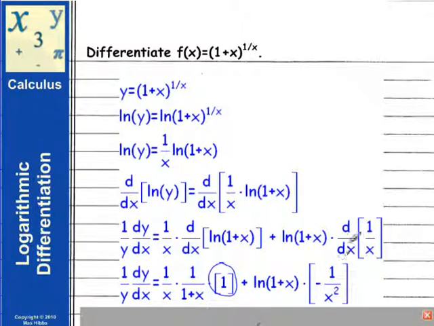Over here there's a little bit more involved. We have the logarithm times the derivative of 1 over x, and the derivative of 1 over x ends up being negative 1 over x squared, and let me remind you why. If we rewrite 1 over x as x to the power negative 1, then we find the derivative will have negative 1 times x to a power that is 1 less than negative 1.